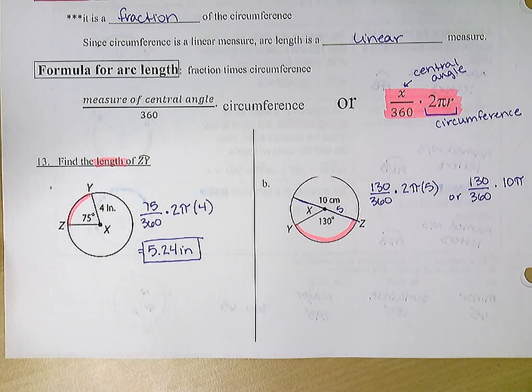Either way, you're going to get the same answer. But when you're given the entire diameter and you want to use 2 pi r, you need to find r, meaning you have to divide the diameter by 2. Again, make sure you can enter that into your calculator correctly.